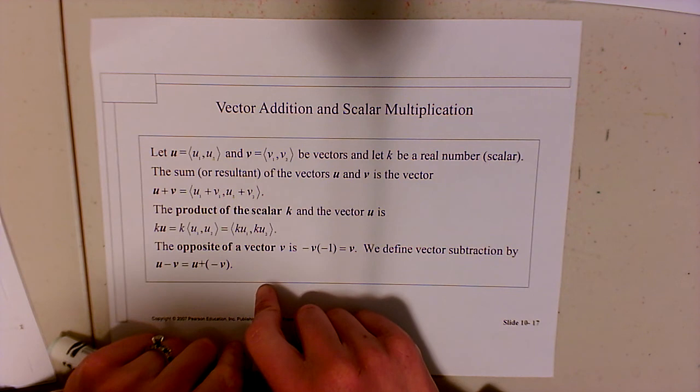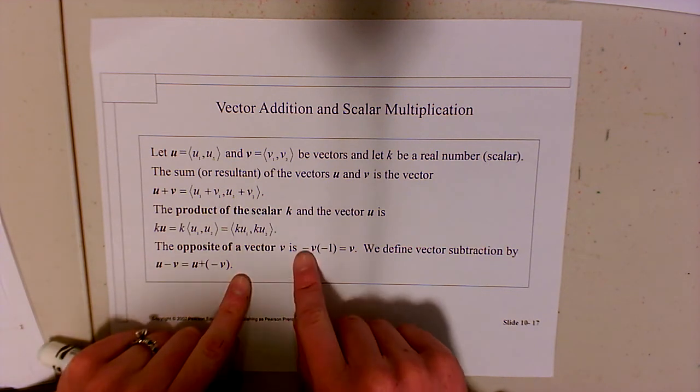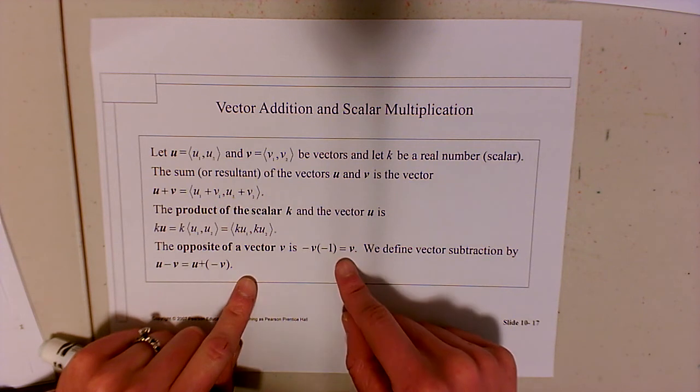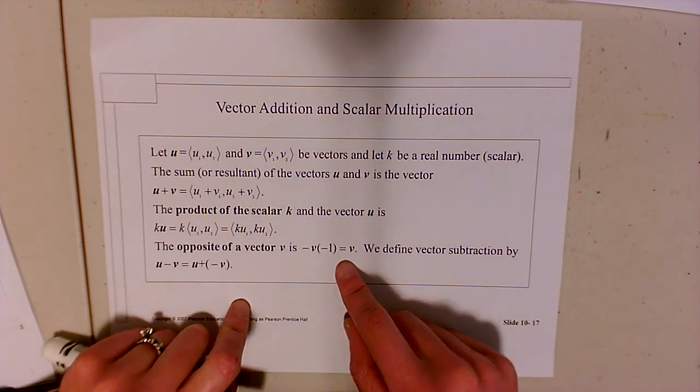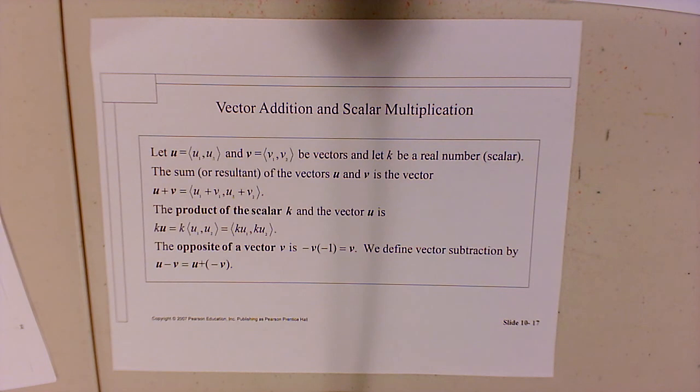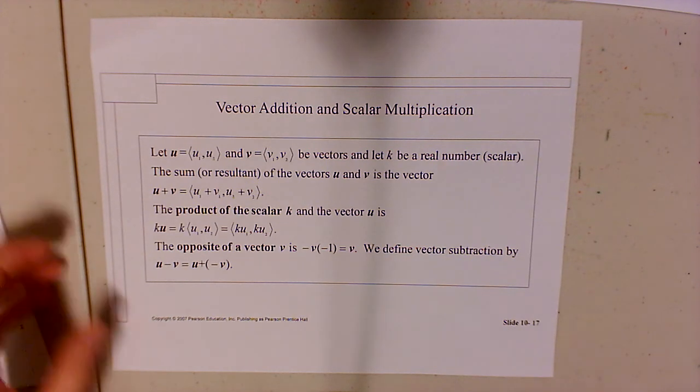And if you wanted to flip your vector around and find the opposite of it, you would just multiply the whole thing by negative 1. When you flip it, it's almost like rotating it 180 degrees, okay? So that's one way that you can picture it being laid out in the plane.